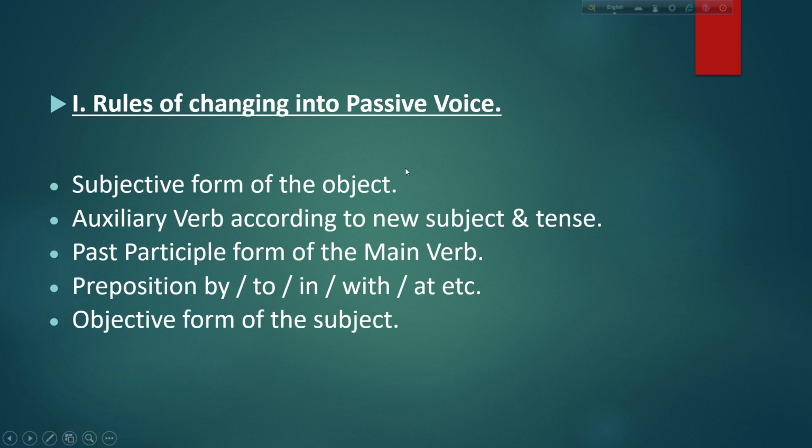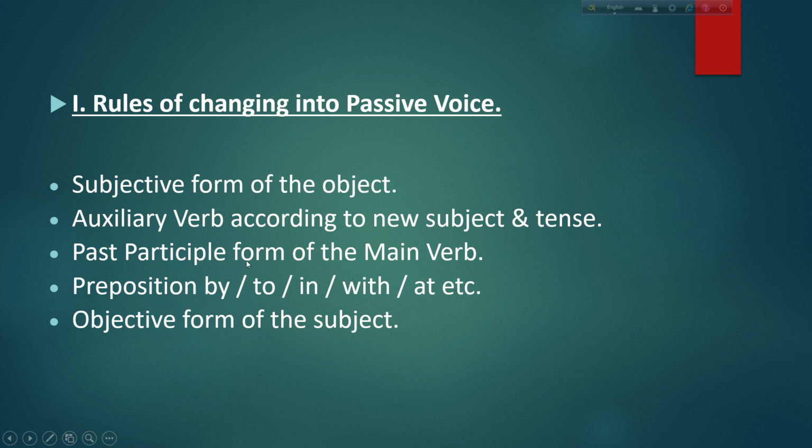First of all, we should change the object into the subject, the subjective form of the object. Then we will set the auxiliary verb according to the new subject and tense. The object which has changed into subject, we will consider as the subject, and we will place an auxiliary verb according to that subject and also the tense of the sentence.